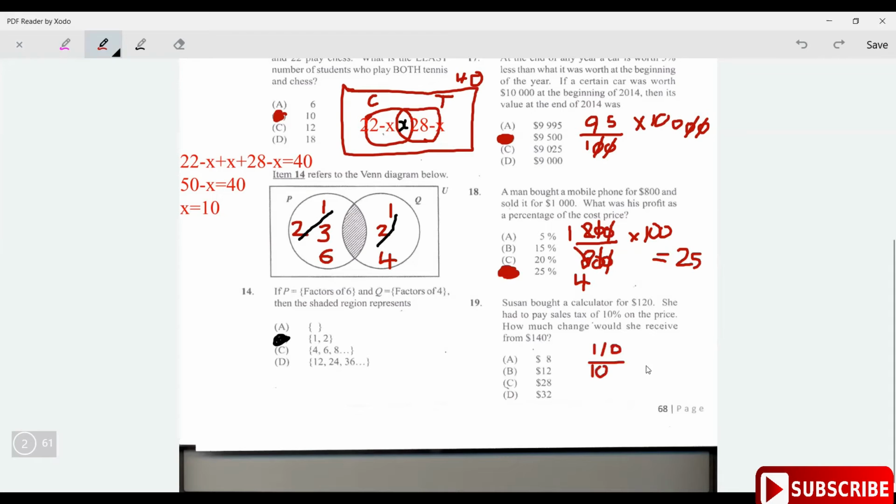So we work out what is 110% multiplied by 120. And so this 0 cancels here, this 0 cancels this. 11 times 12 is 132. So Susan is going to spend $132. But she gave the cashier $140. So she's going to get back $8 change. All right, so that's that question. Solved.